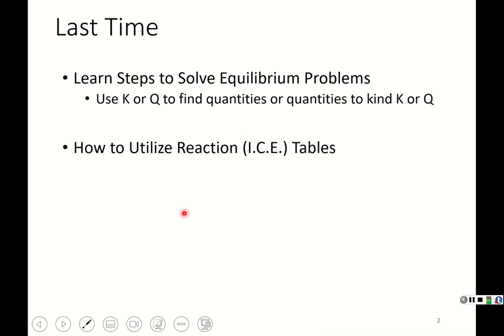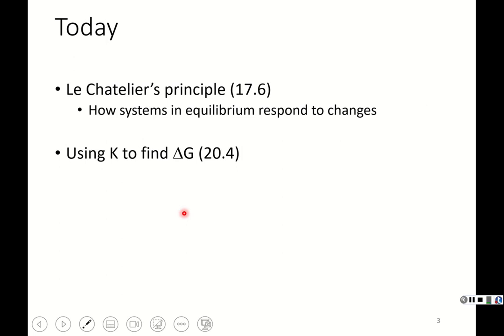Right, so last time we learned how to solve equilibrium problems using reaction tables or ICE tables, and we'll be doing a little bit more of that today. This is from section 17.6 in the book, Le Chatelier's principle, where we'll be talking about the basics of this, and then we will also jump back to chapter 20 and talk about using the equilibrium constant K in our calculations for delta G. Right?